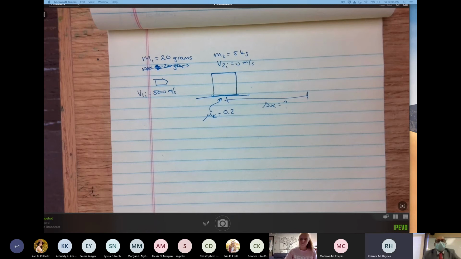Good. So is the initial velocity the 500 meters per second? That would be the initial velocity of the bullet. But once the bullet gets inserted in the block, then it will be something completely different. And you need to calculate that velocity to do the second part of the problem.